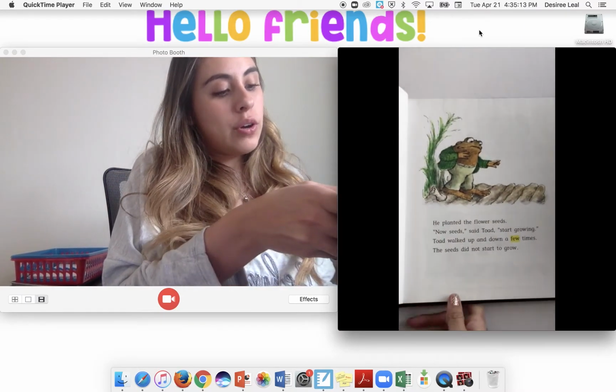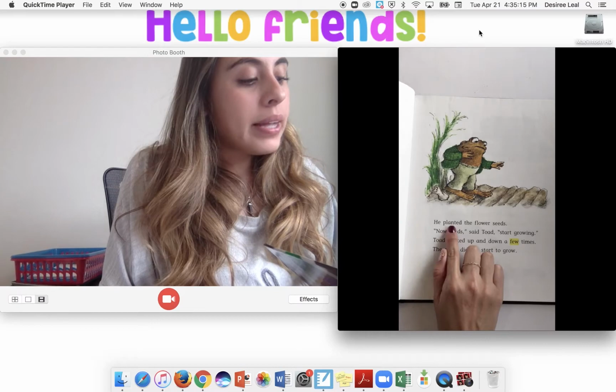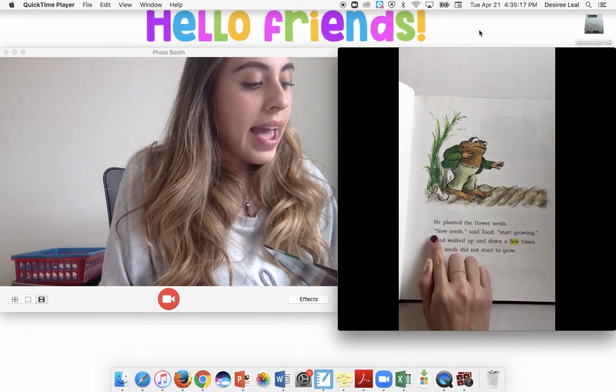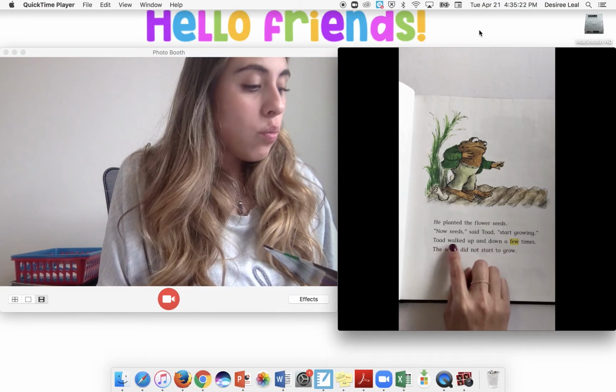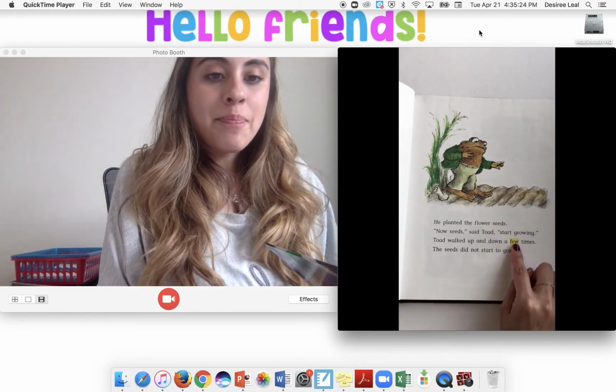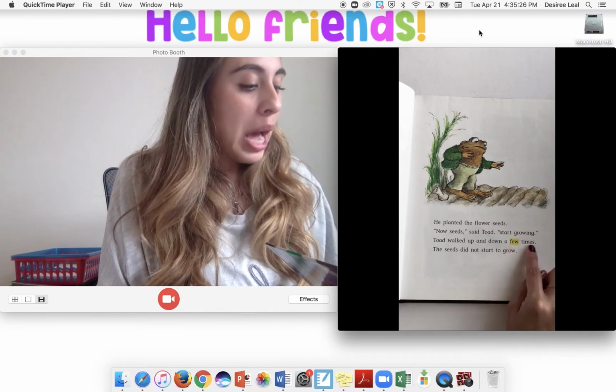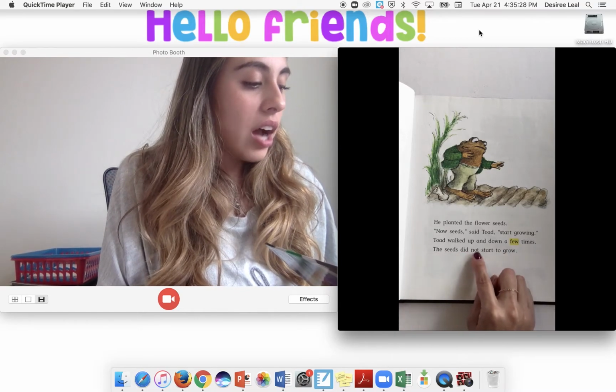So there's Toad. He planted the flower seeds. "Now, seeds," said Toad, "start growing." Toad walked up and down a few times. The seeds did not start to grow.